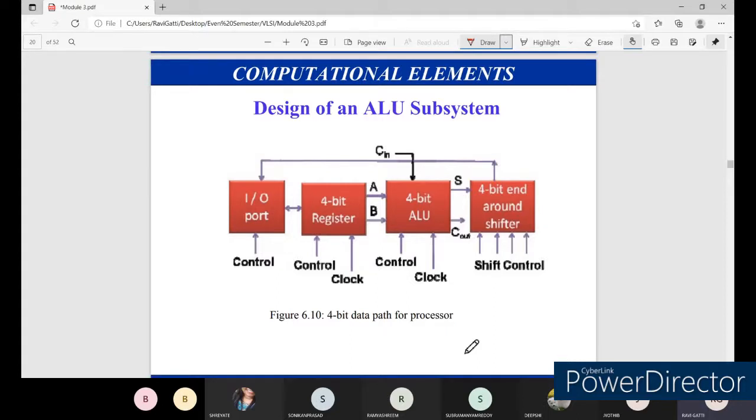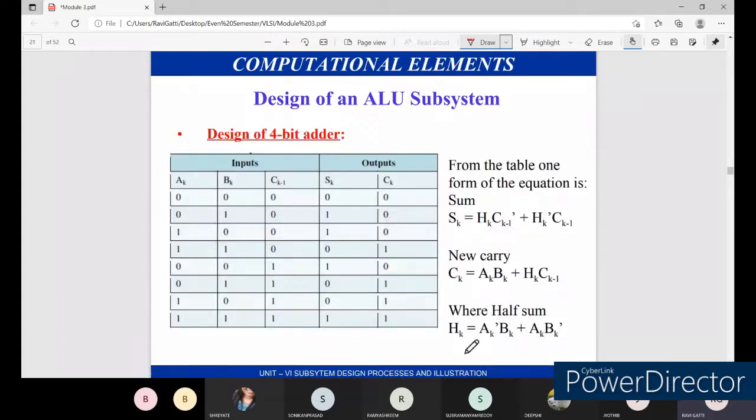Since we are storing the output in the shift registers, depending upon the shift control signals, the data can be read from this 4-bit ALU subsystem. The design of this 4-bit ALU is basically designing a 4-bit adder. You can see what input terminals and output terminals we have, as given here.